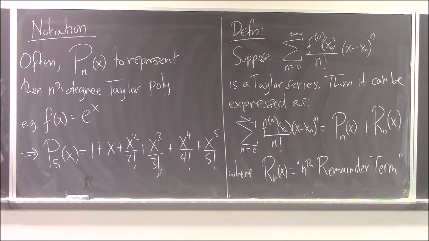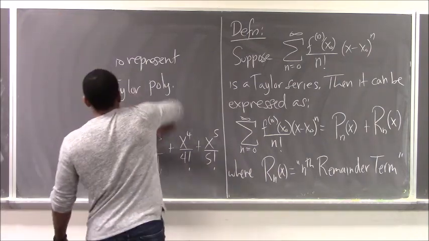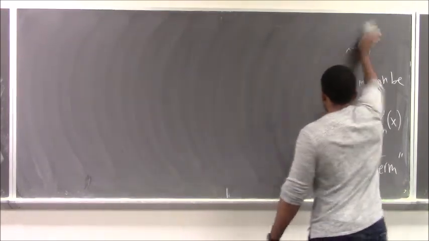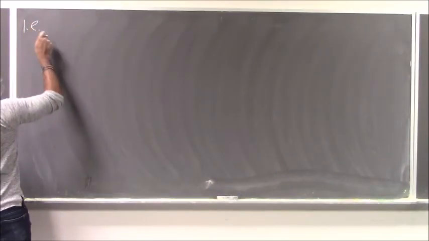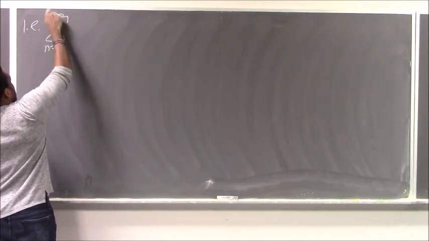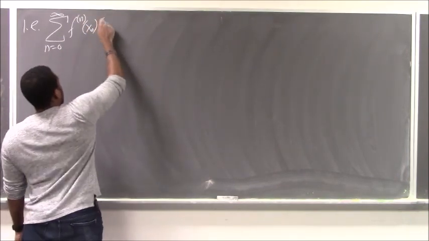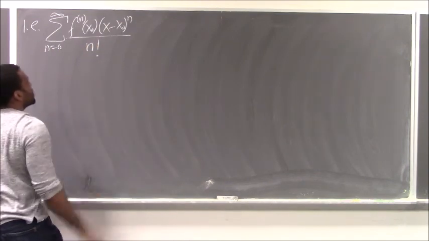Three, two, one, snap. Okay, so that is, i.e., if I have this guy, n goes from 0 to infinity, of f to the n evaluated at x naught, x minus x naught to the n over n factorial.